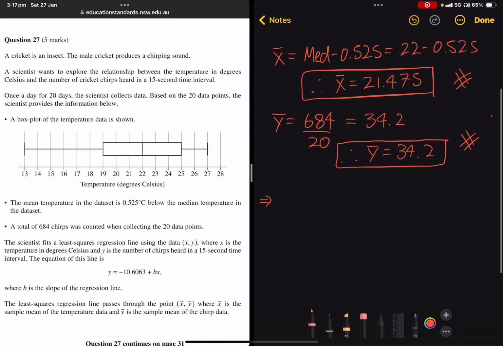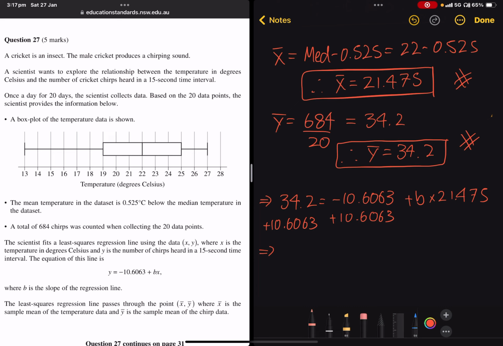So this gives us y bar, 34.2, is equal to minus 10.6063 plus b times 21.475. So we'll add 10.6063 to both sides.